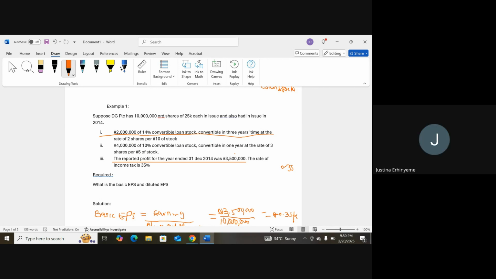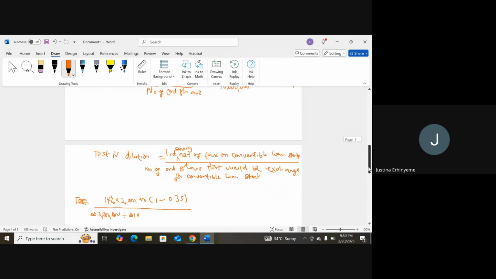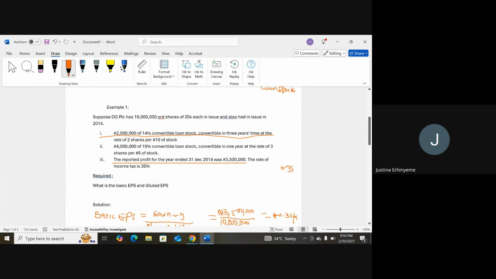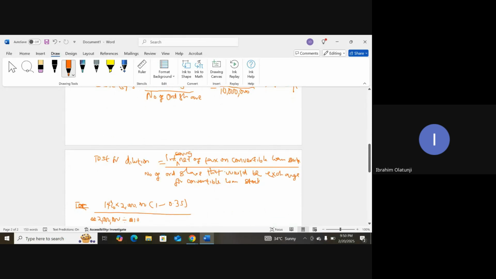Because the share is per 10 naira of stock and we have 2 million naira, that is 2 million naira divided by 10 naira. Then they say at the rate of 2 shares, so that is why the formula says the number of ordinary shares that will be a change for convertible loan stock.